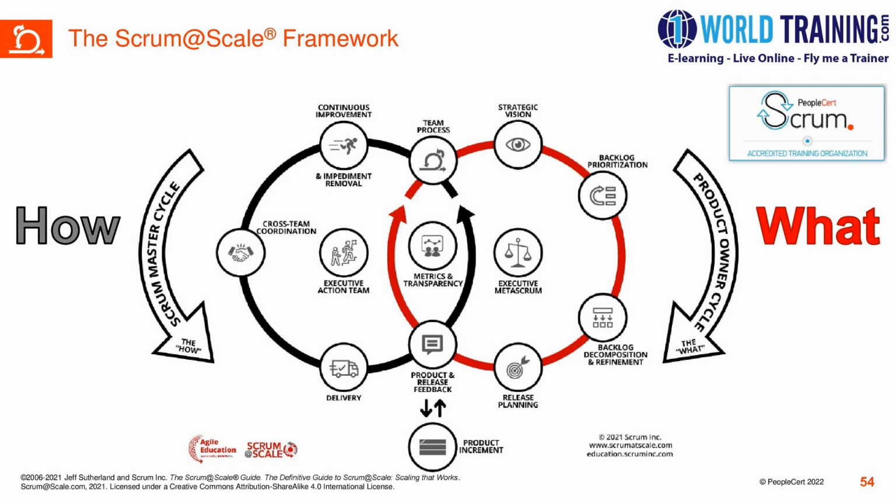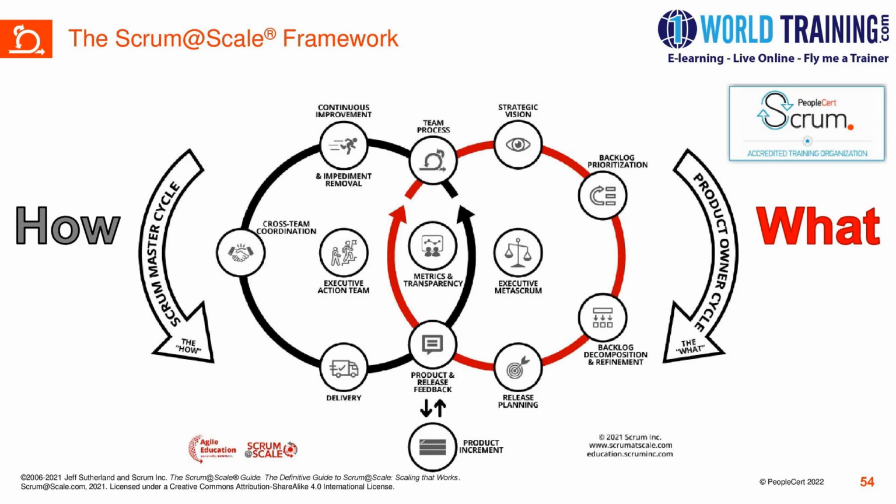As we say, the product owner cycle, or the what cycle, comprises the executive meta Scrum team. So in the how cycle, we have an executive action team, and in the what cycle, you have the executive meta Scrum team.